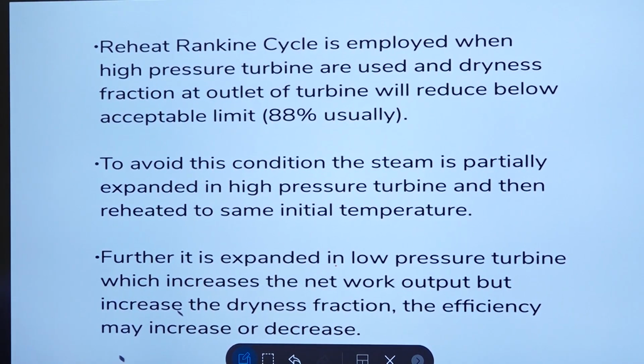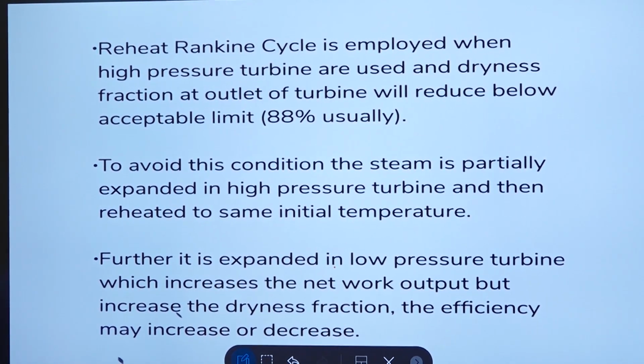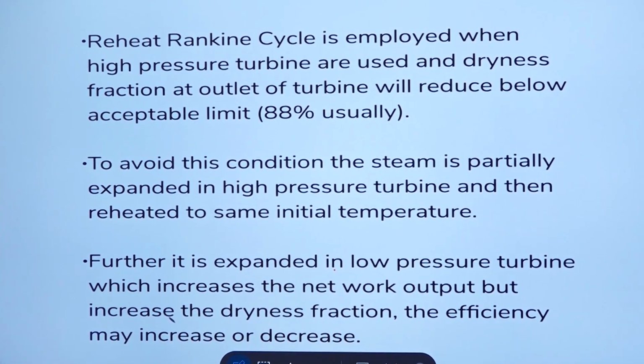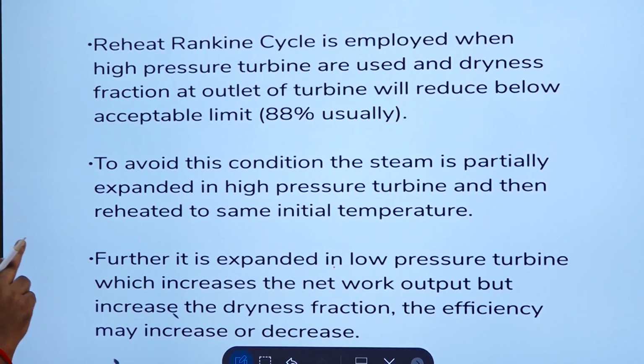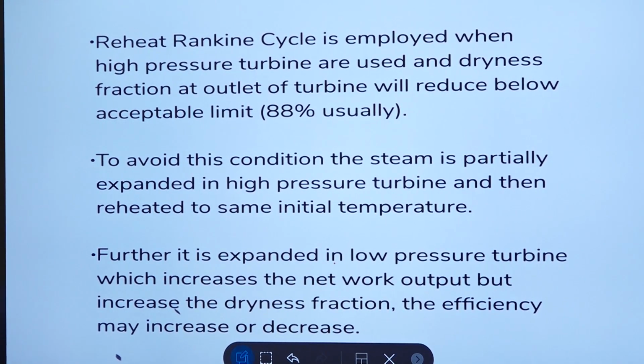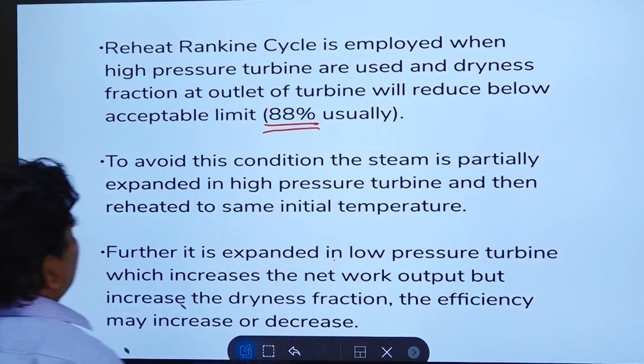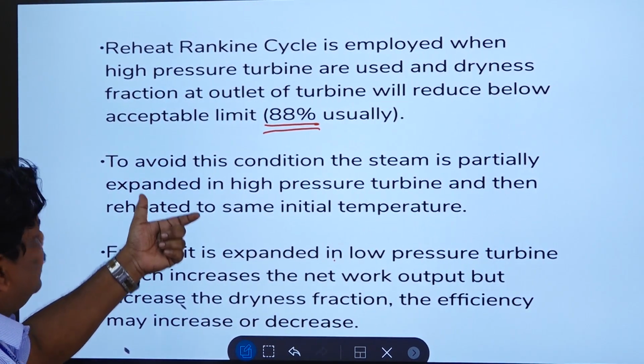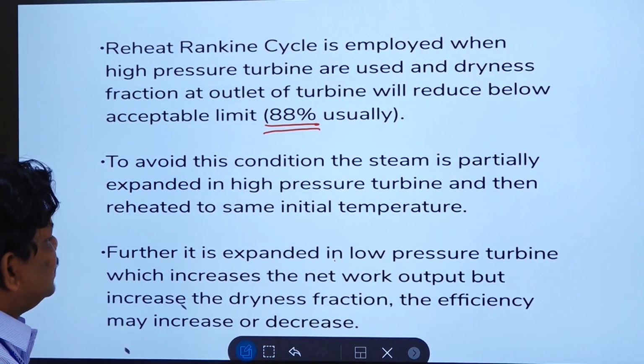You can see here what I have given to you. A reheat Rankine cycle is employed when high pressure turbines are used and the dryness fraction at the outlet of the turbine would reduce below the acceptable limit of 88%. To avoid this condition, the steam is partially expanded in the high pressure turbine and then reheated to the same initial temperature.